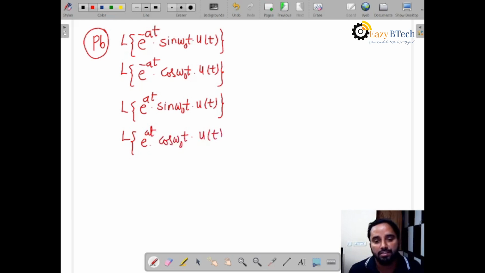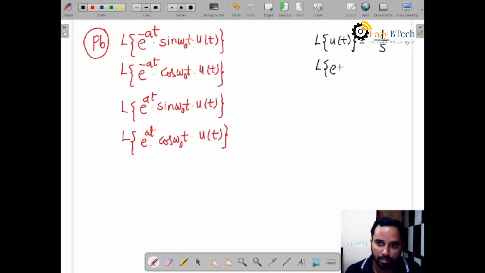The thing is very simple to do. We know the Laplace transform of u of t is 1 by s. If you multiply this by e power minus at, then it will become 1 by s plus a.